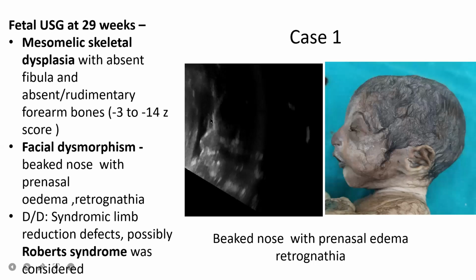In the scan, we can see facial dysmorphism in the form of big nose with prenasal edema, retrognathia, and with these facial findings and significant mesomelic skeletal dysplasia, the diagnosis of syndromic limb reduction defect and possibly Roberts syndrome was considered.